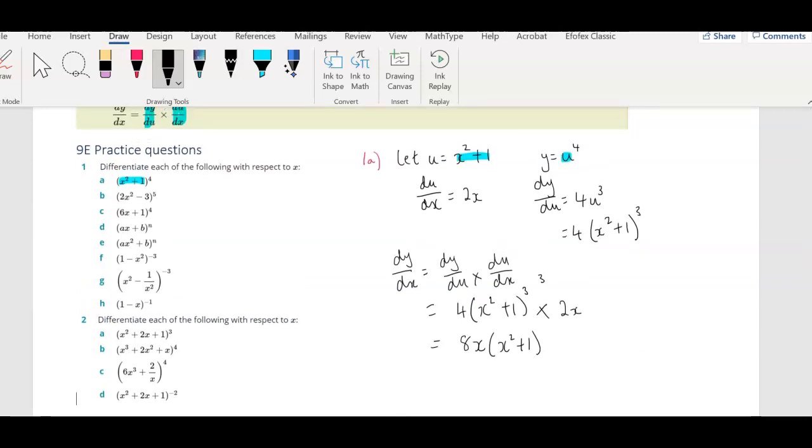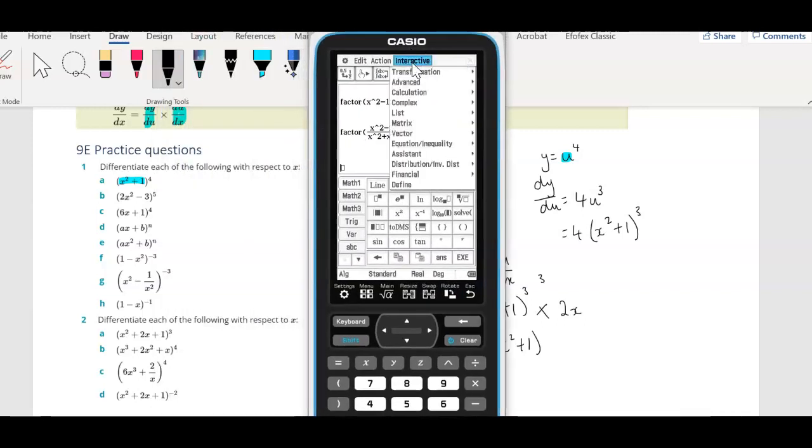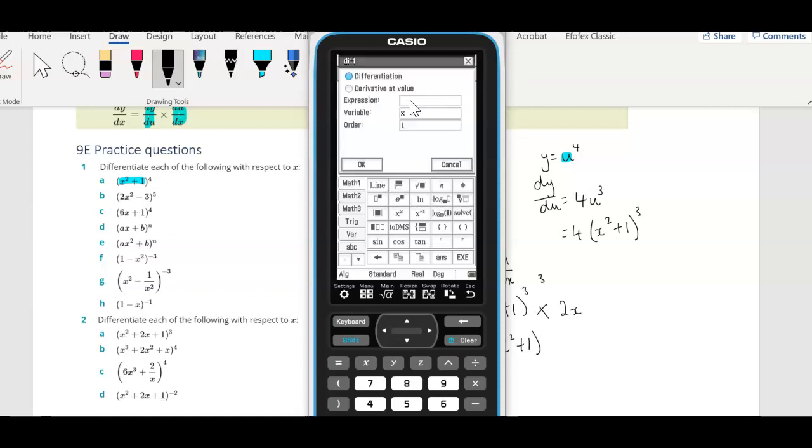Now, if you want to check using your calculator, remember, you can just go to interactive, and I always forget which one to go to. All right, calculate diff and put your expression in. Plus 1 to the power of 4.